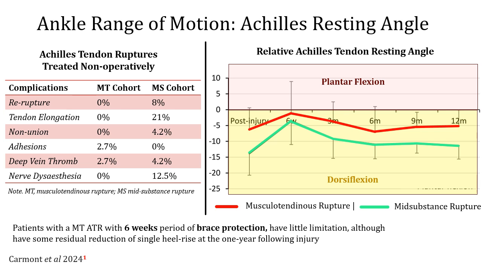And then down at the bottom, beyond just the preservation of tendon stiffness and length, the individuals within this cohort at a 6-week period of brace protection have little limitation, although they are still challenged with a heel raise at 1 year.